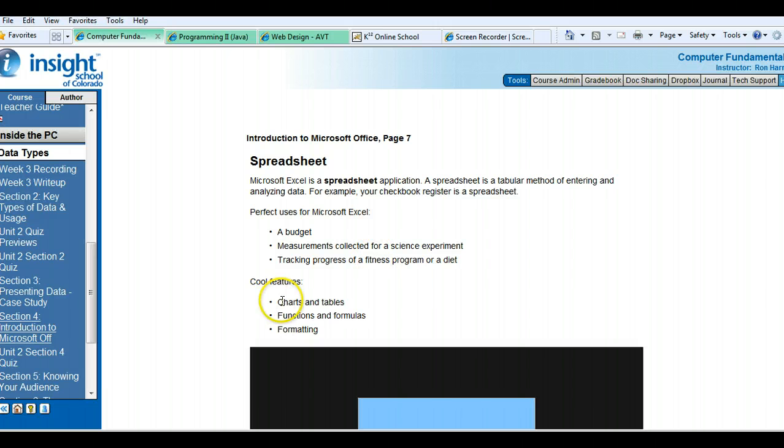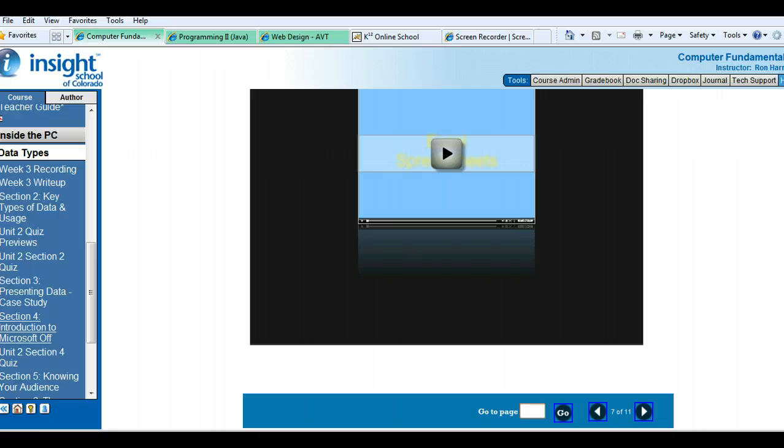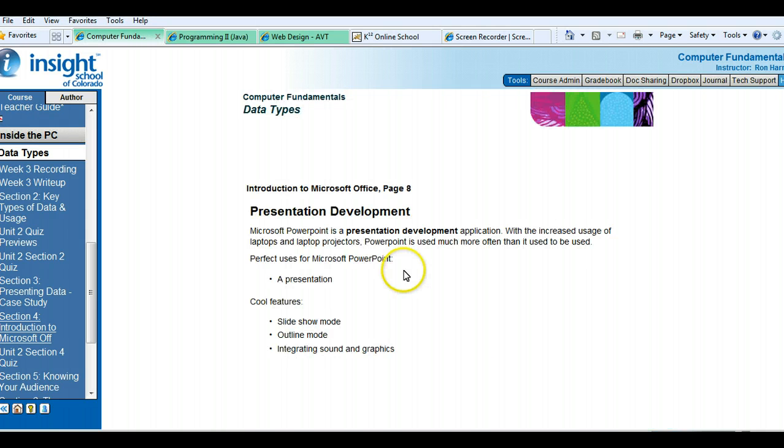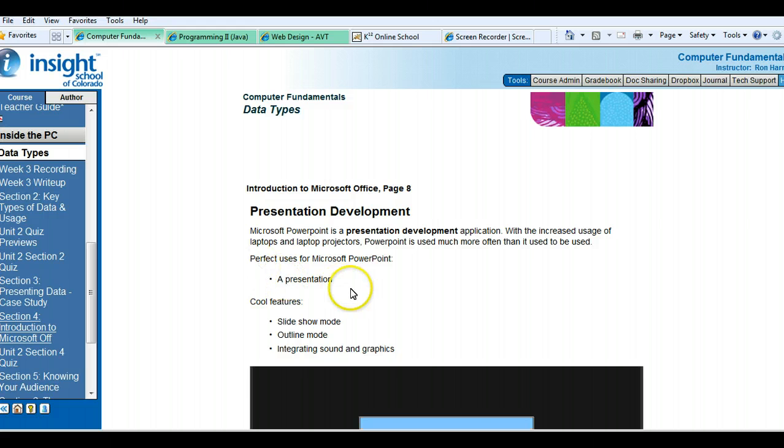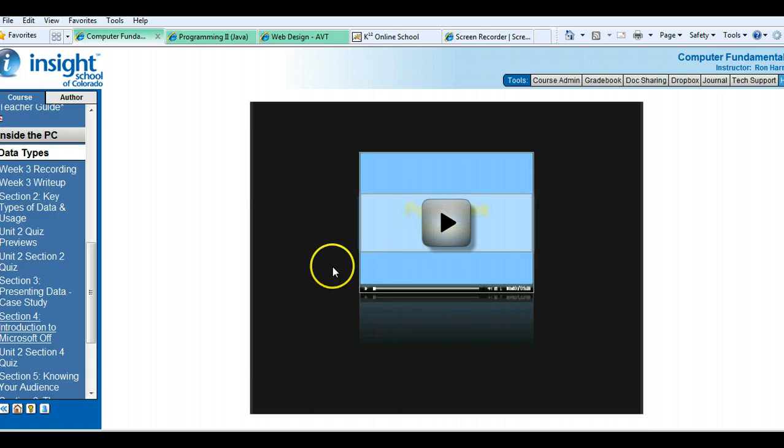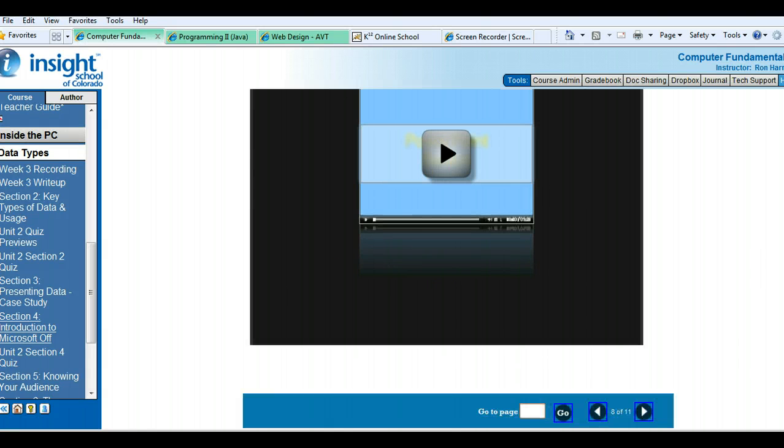With a spreadsheet, you can make charts and tables, do functions and formulas, and learn how to do all that. Again, another video for you to watch. Presentations: you can do a business presentation to show how successful a business is, or something like that. And there's more information on using PowerPoint presentations.